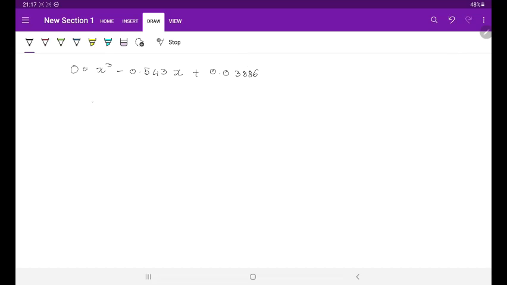It has 3 roots, which are x equal to minus 0.769, 0.073 and 0.696. But we already know that x is equal to 1 minus lambda. So lambda would be equal to 1 minus x.